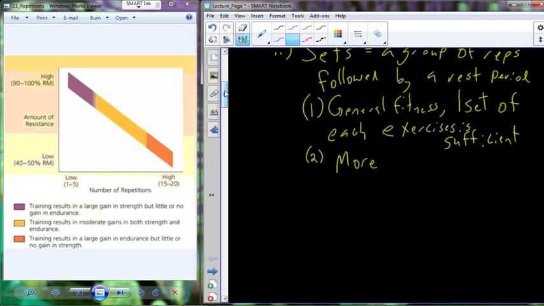As you go up from there and increase to more than a single set, this is going to increase strength development.